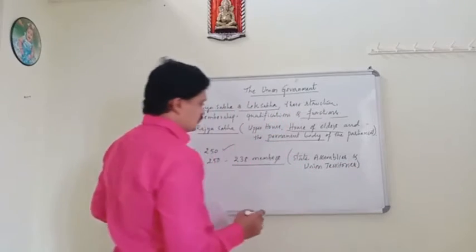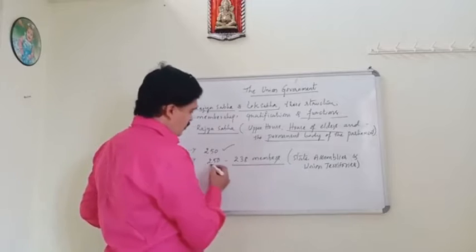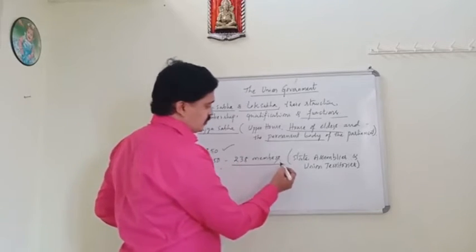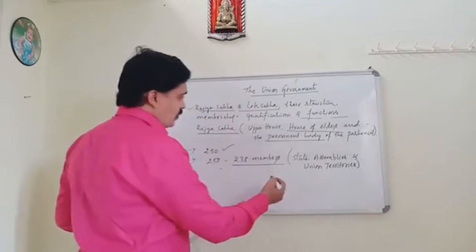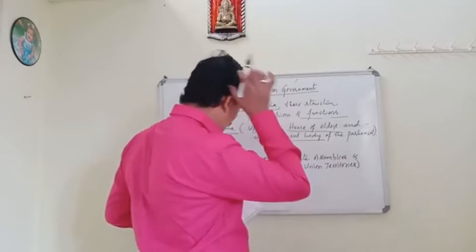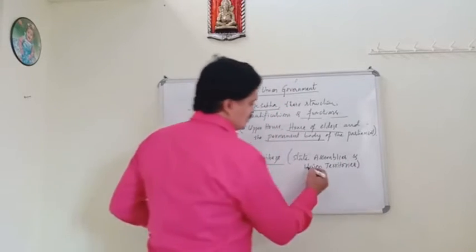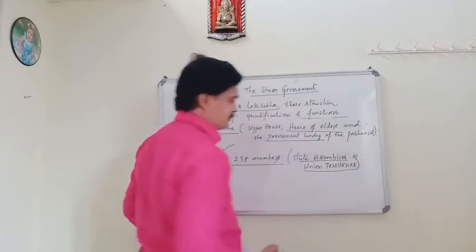So 238 among 250 are elected by the members of all the state assemblies and union territories.